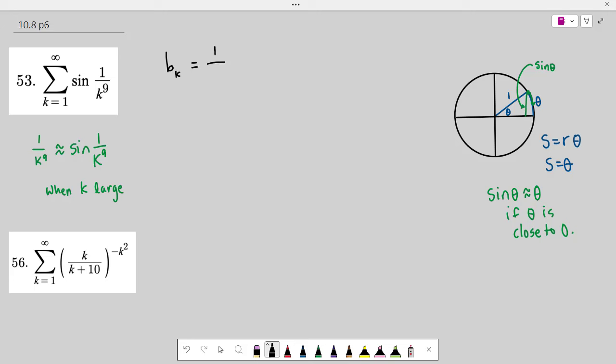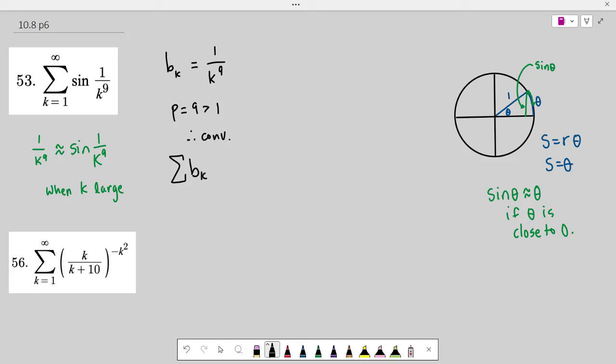We're going to choose our b sub k to be 1 over k to the 9th, and like you said, that's a p-series. So p is 9, which is bigger than 1. Therefore, this p-series converges. Let me be clear that what converges is the sum of the b sub k's; the p-series is when you're adding the b sub k's up.